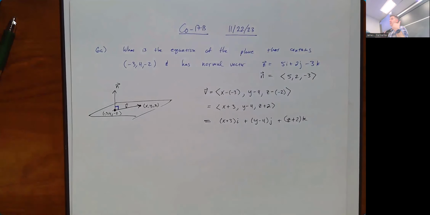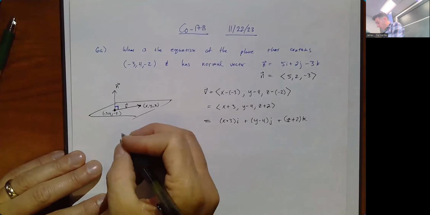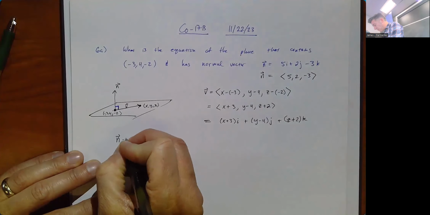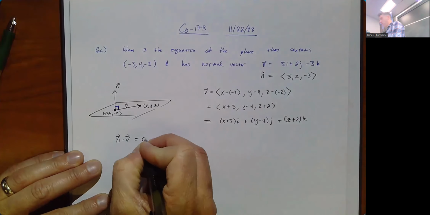Okay, here's the whole crux of this thing. These two vectors are perpendicular or orthogonal or normal. Pick your favorite word. And you all should be able to tell me that vectors that are orthogonal to each other, their dot product is equal to what? Right. So that's the thing we're going to use here, is the fact that n dotted with v must equal 0.